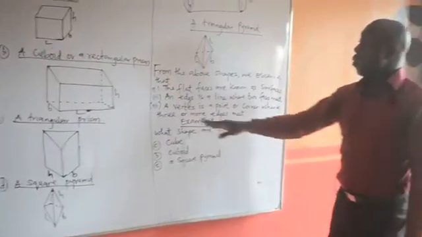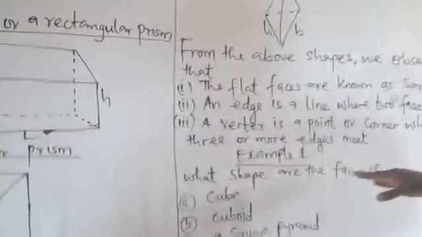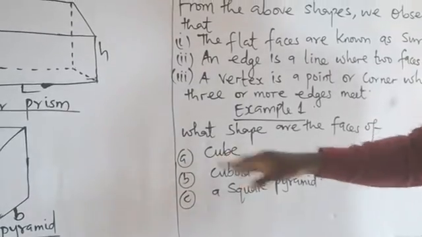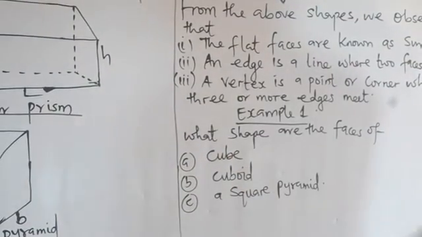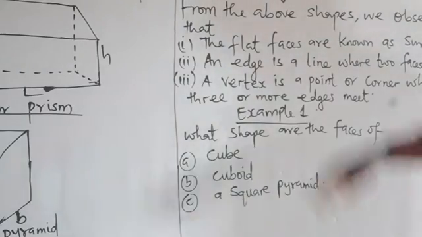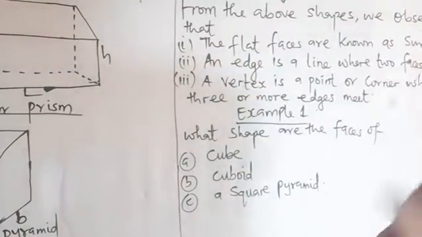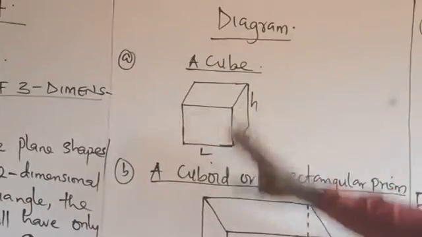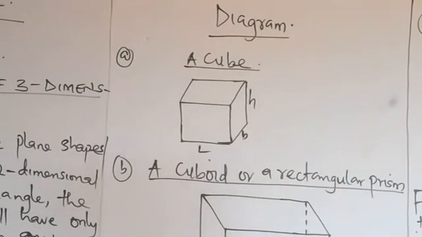Example 1. What shapes are the faces of A, cube, B, cuboid, C, a square pyramid? So let's look at the diagram of a cube.